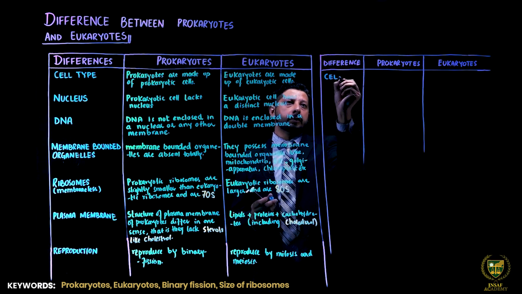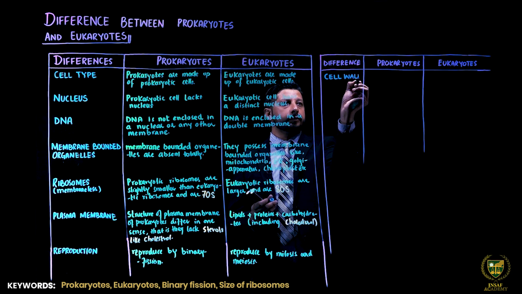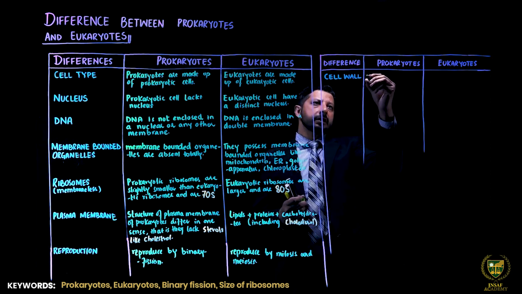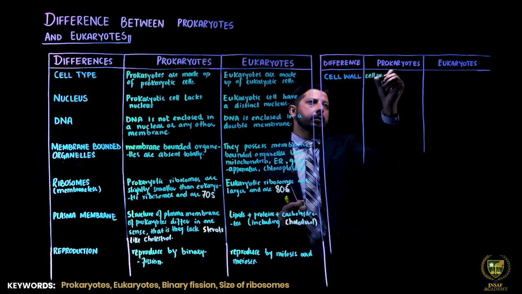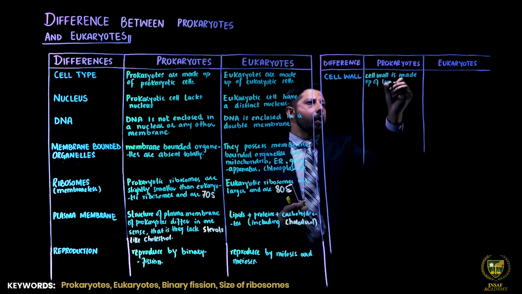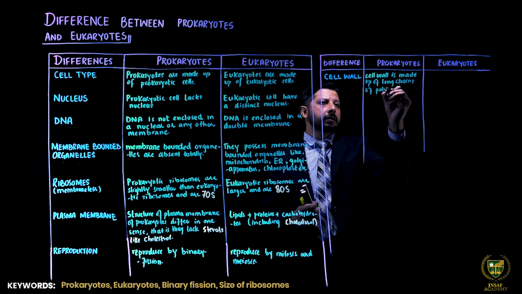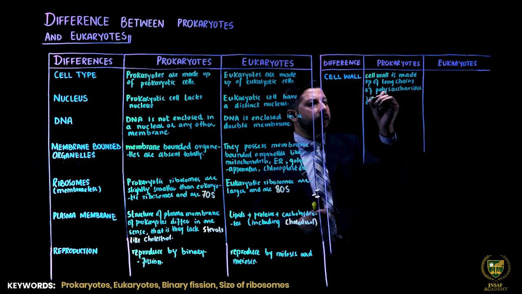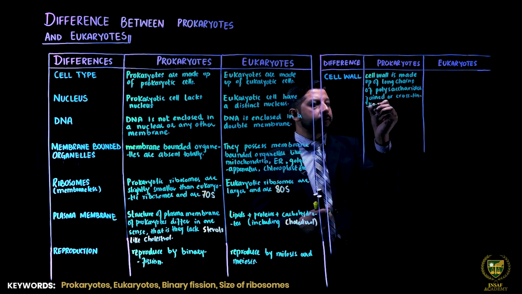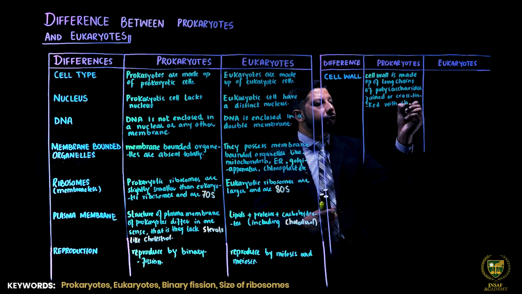Now, another difference is of the cell wall. As far as the cell wall of prokaryotes is concerned, the cell wall is made up of long chains of polysaccharides joined or cross-linked with short chains of amino acids.